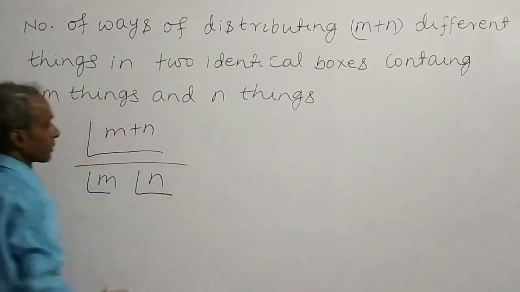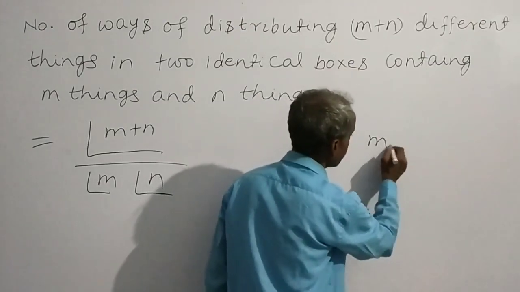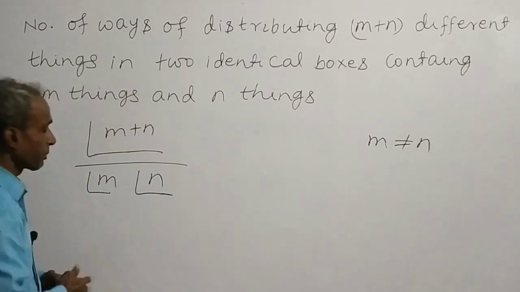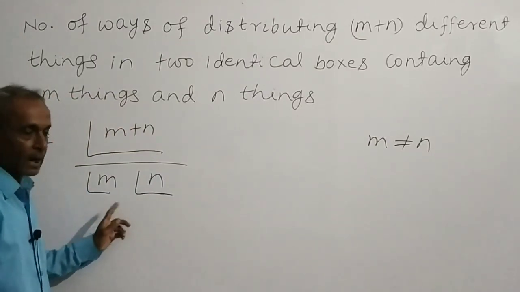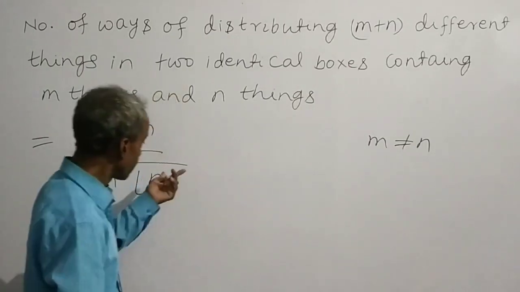And if we assume that m is not equal to n, therefore the number of things in the two boxes are not equal, therefore we will not divide this result.